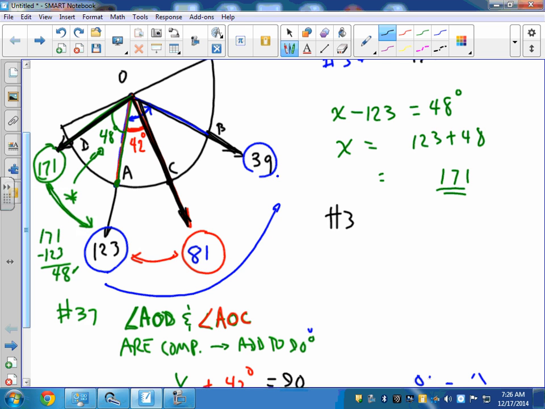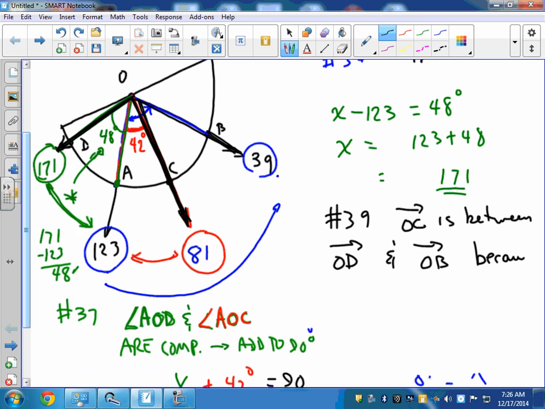Okay, so 39, we can say ray OC is between ray OD and ray OB, and the reason is because I'm going to have to look at the protractor postulate.